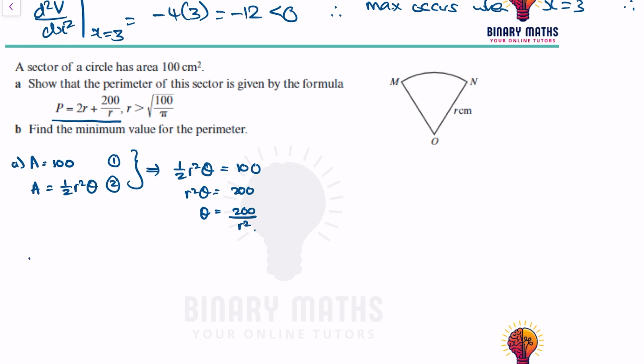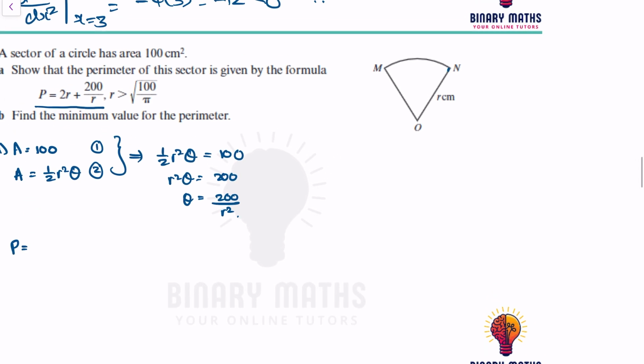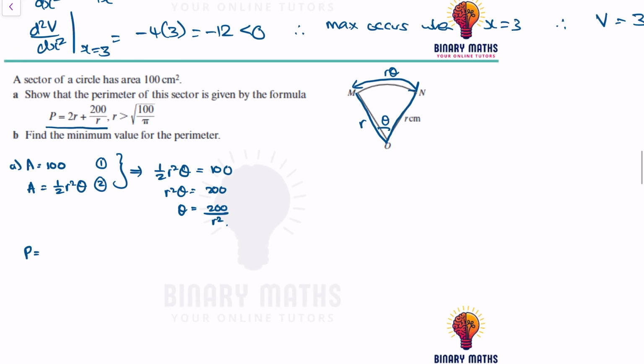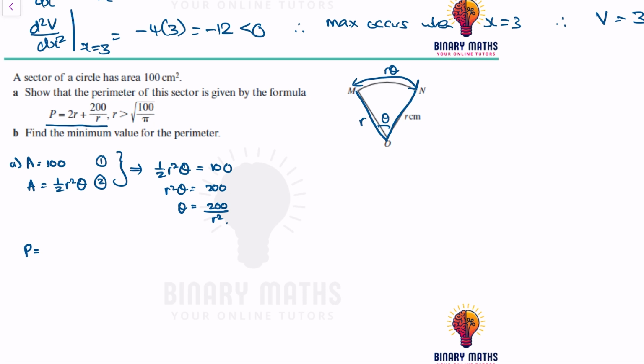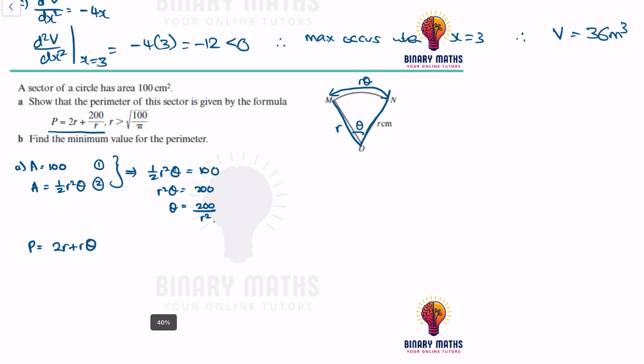If I want to set up a formula for perimeter, this part is r, this part is also r, this is theta, so remember arc length is equal to r times theta. So perimeter is equal to r plus r, which is 2r, plus r theta.